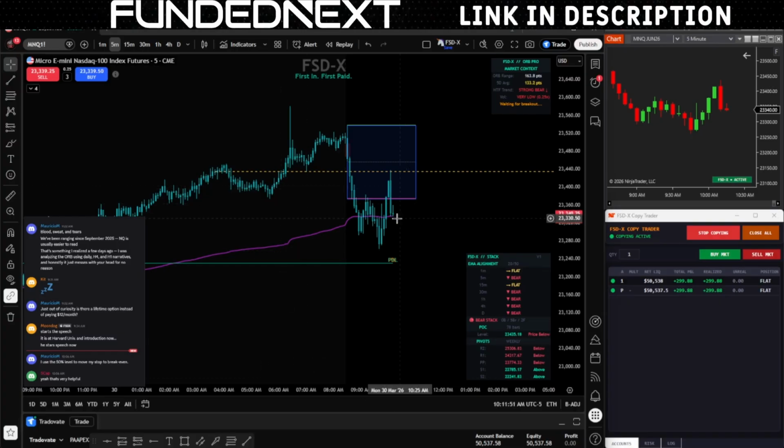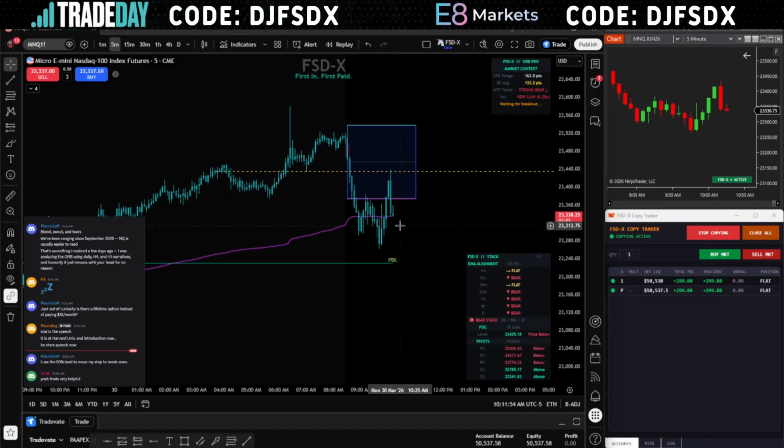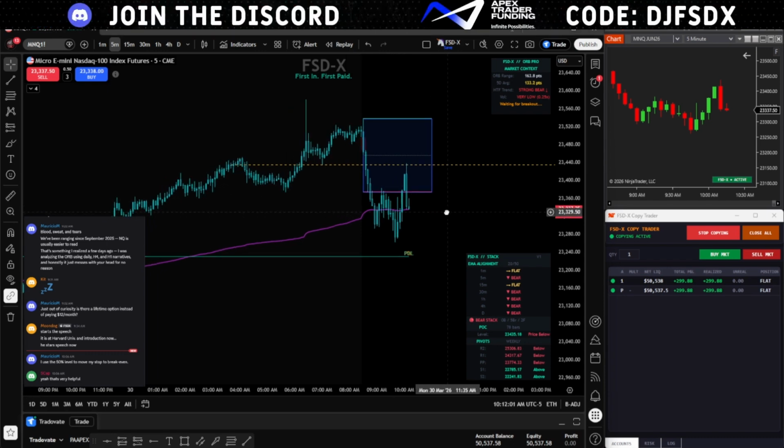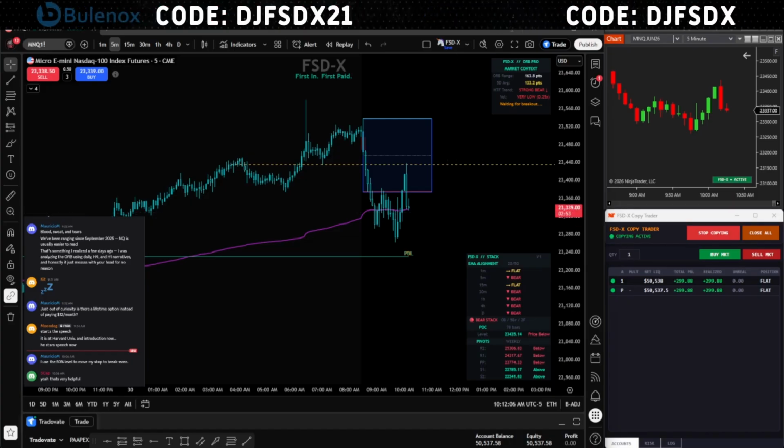That could have been a decent entry, but it's right at VWAP. It came back. Probably just play it safe.